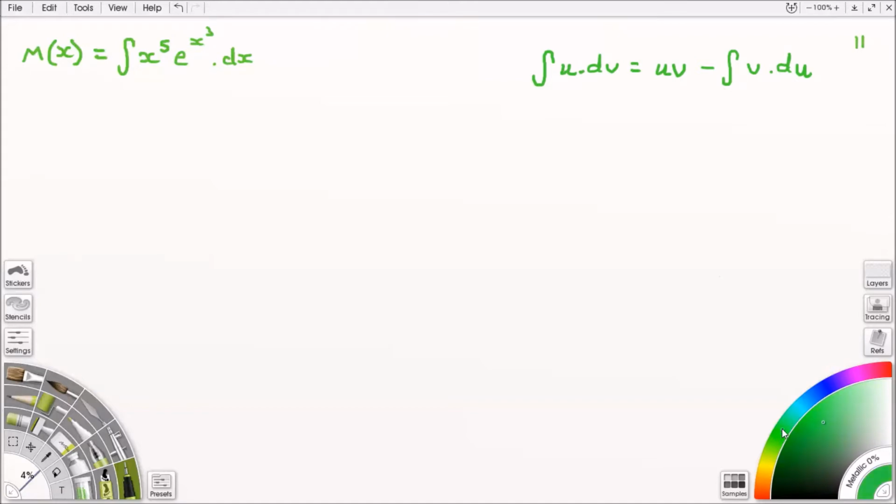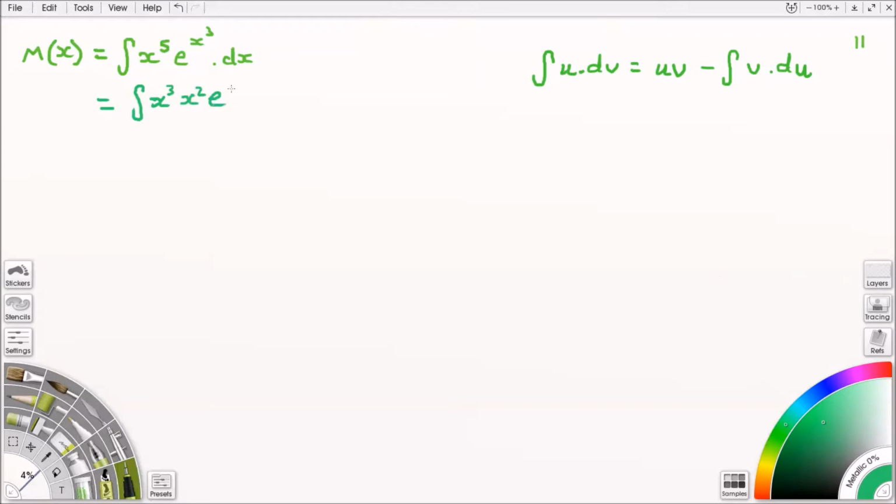So we have to firstly select a u and a dv term. And as I tried earlier, I'm going to do it this way to show you guys. So I'm going to select this as dv, and this is u. Actually, well, that's wrong. What I'm going to do is this can be rewritten as x to the power of 3 times x to the power of 2.